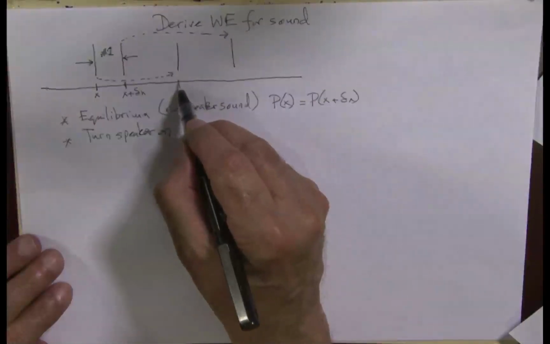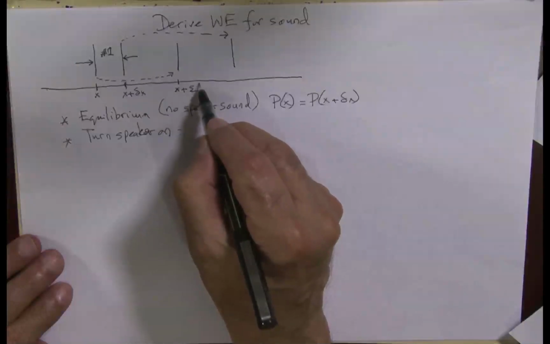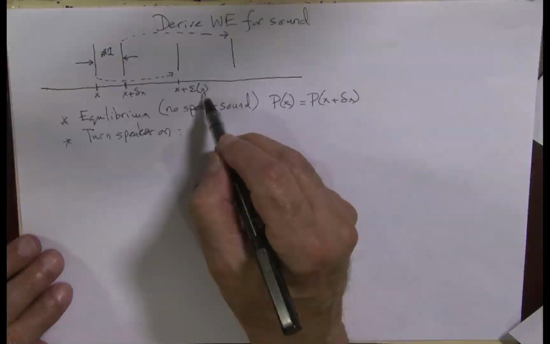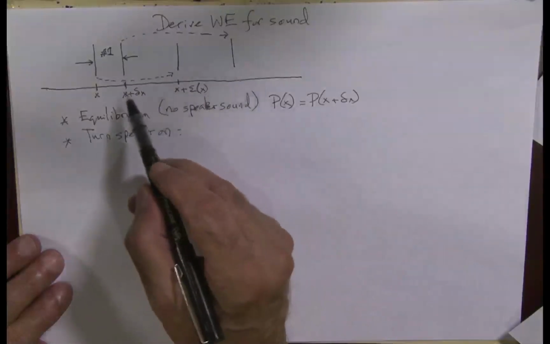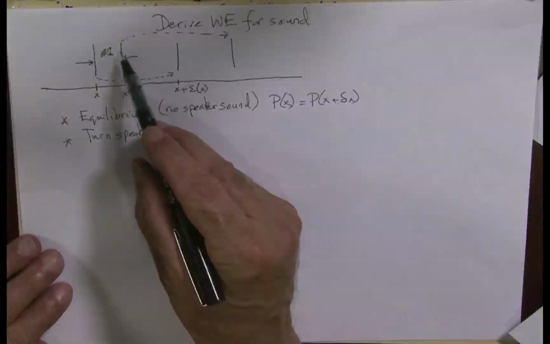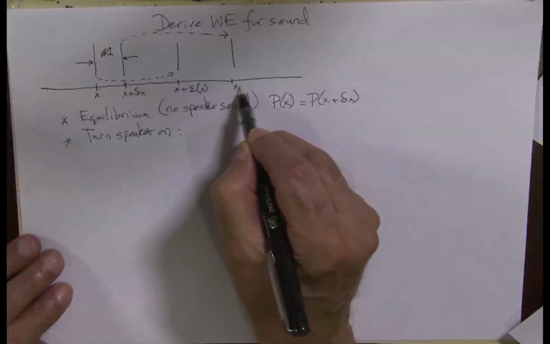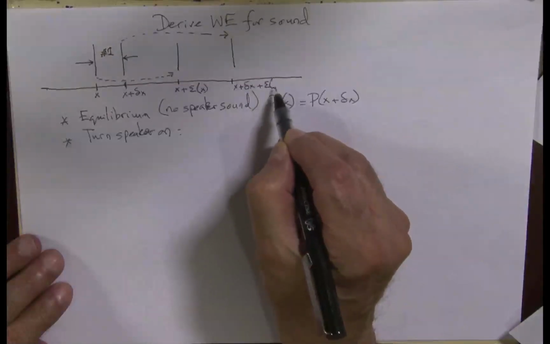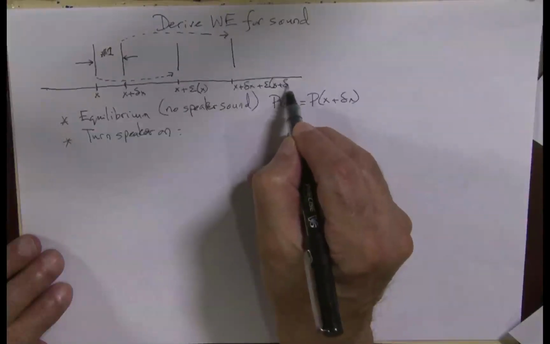Now I'm going to call this the distance x plus epsilon, and this epsilon will be a quantity that depends upon both position and time, but I'm not indicating time here explicitly. And similarly, this is going to move here, and this is going to be the position x plus delta x plus epsilon. Now epsilon is a function of x, and this is a different x, it's x plus delta x.